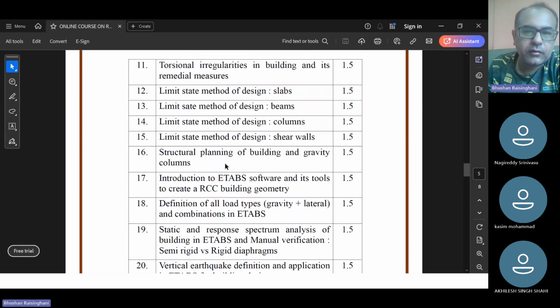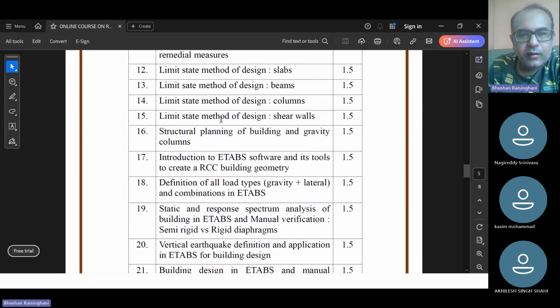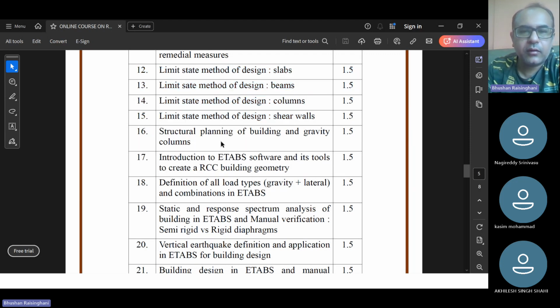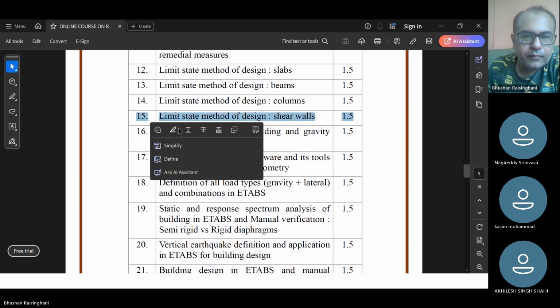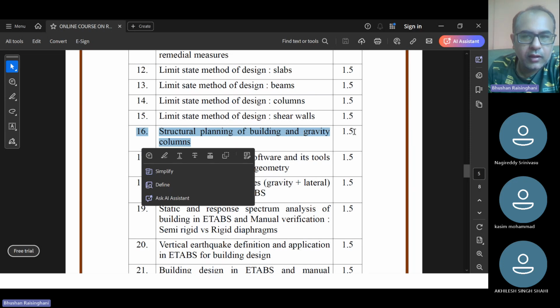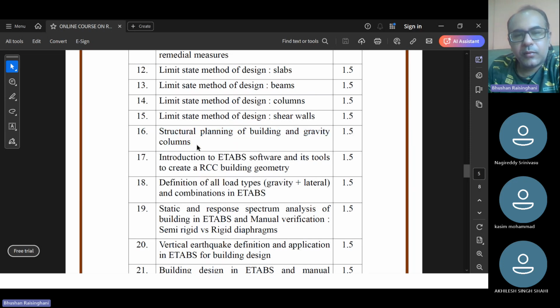We will focus on the basics of manual design: slab, beam, column, shear wall. We are going to conduct sessions on all these designs, and this is how we will reach that stage. Then structural planning of buildings and gravity columns, how to include gravity columns, and the clauses for that. So up to this point, we will cover everything to be implemented henceforth.